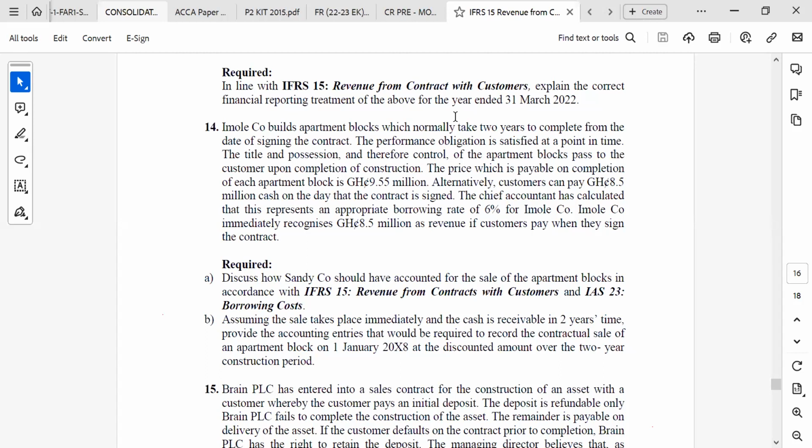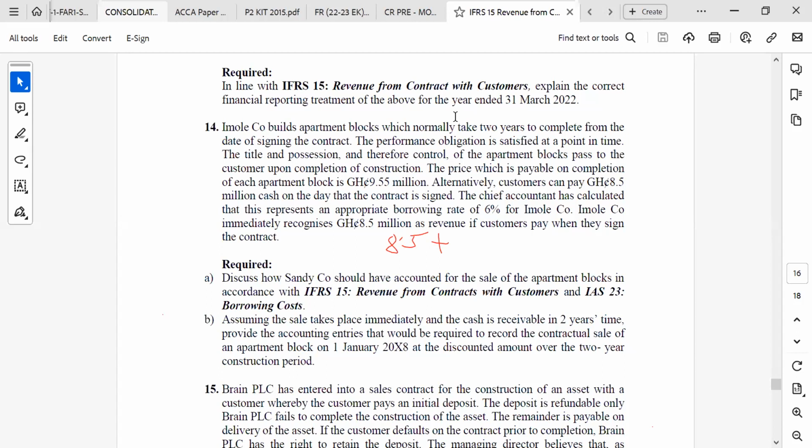So the interest that you'll be charging on it will be treated as a borrowing cost. So what you do is, you have your 8.5 as the initial amount of the building, then you'll be adding the interest for each year to that particular value as the borrowing cost for 2 years.